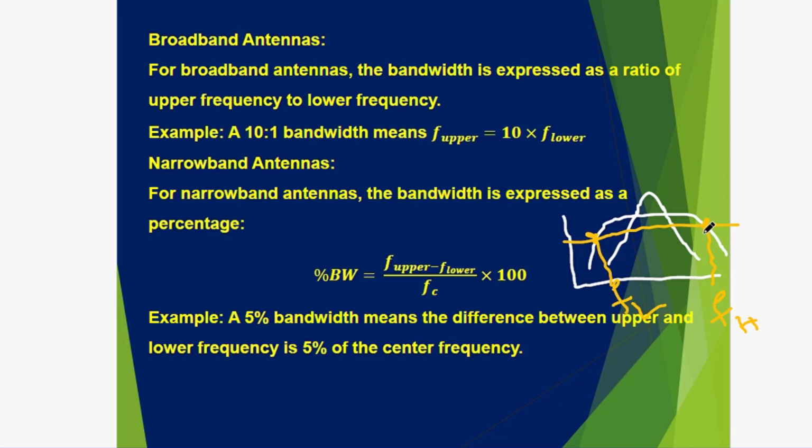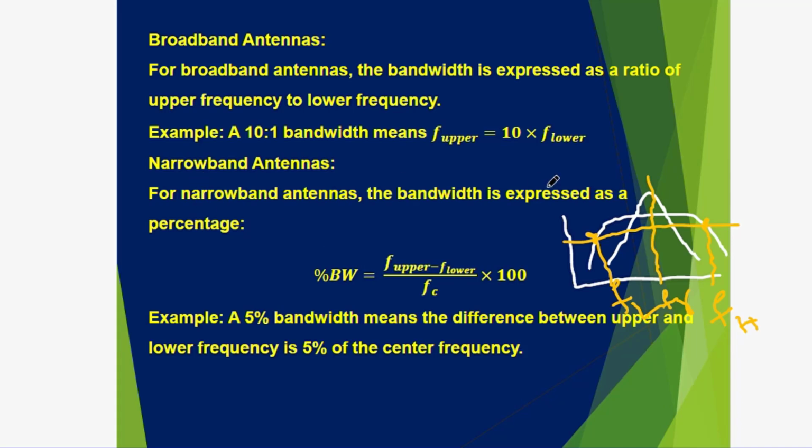At these points the values are at acceptable values with respect to the center frequency FC, the resonant frequency FR. For example, a 10:1 bandwidth means F upper is equal to 10 times F lower. FH is F upper and FL is F lower.